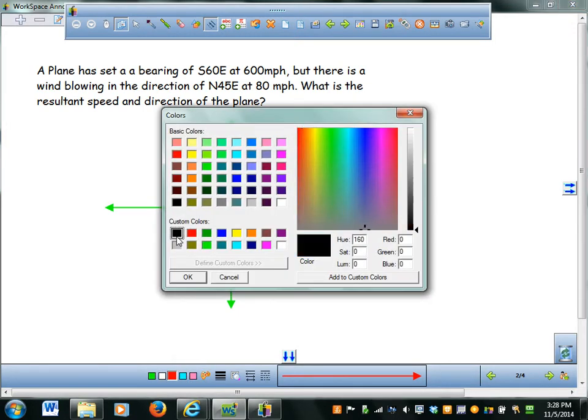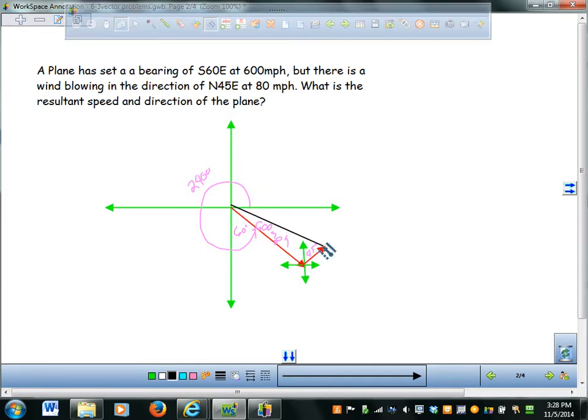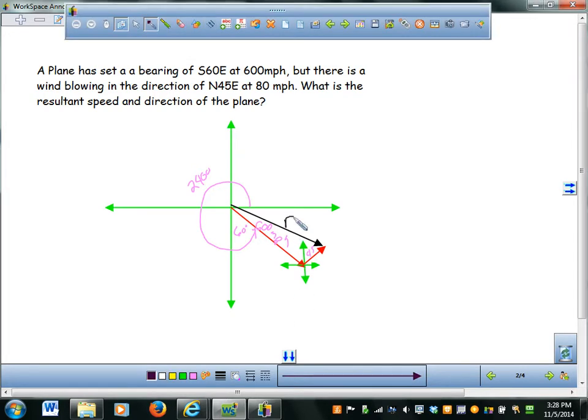How about that color? Okay, so the plane is actually going that way, and that's the resultant speed. I don't want arrows on the end of my lines. There we go.